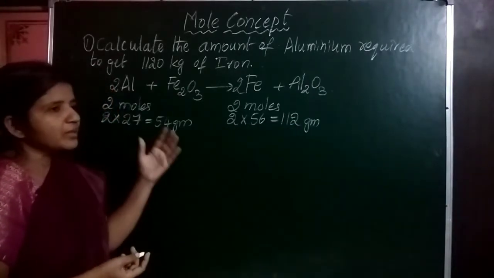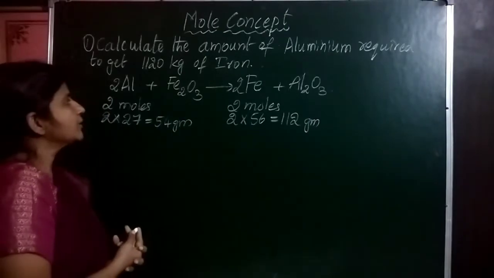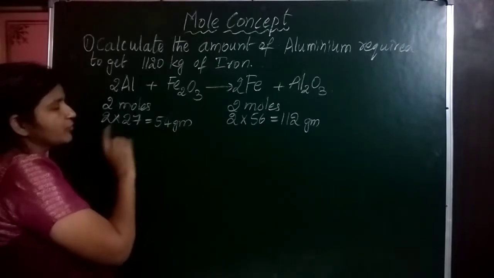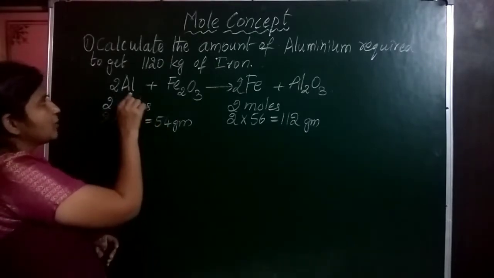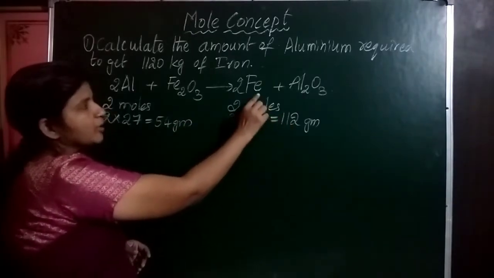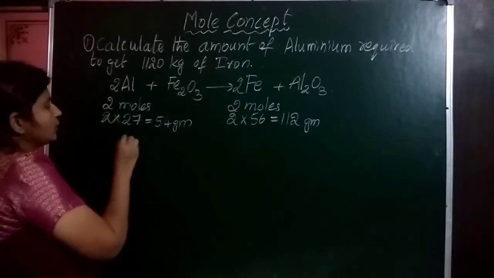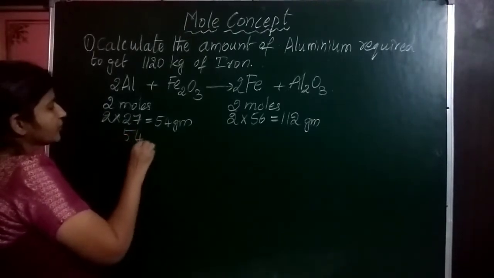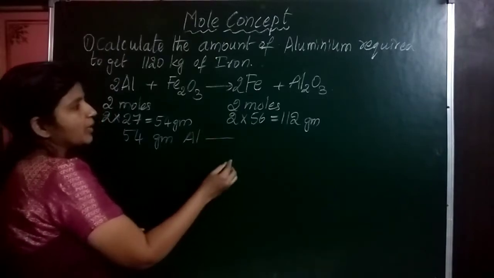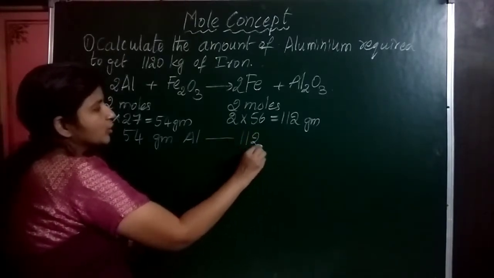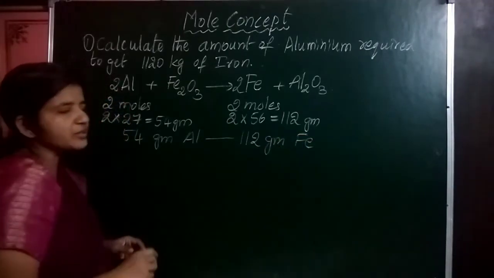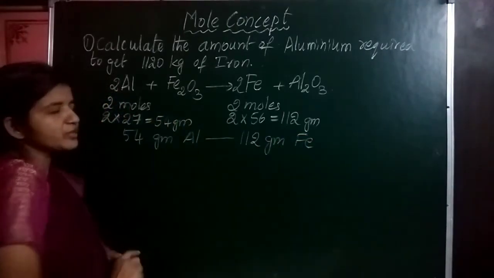So from the equation, you can understand that 54 grams of aluminium is required to get 112 grams of iron. This information is given from your chemical equation only.